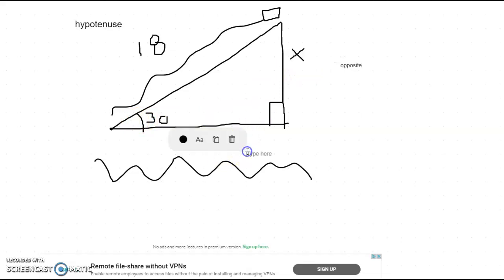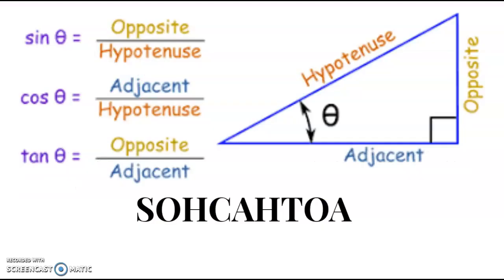And I know that this side is my adjacent. So now, what do I know? I know my hypotenuse, and I need to find my opposite. Which trig ratio uses opposite and hypotenuse? Opposite and hypotenuse. It is sine.